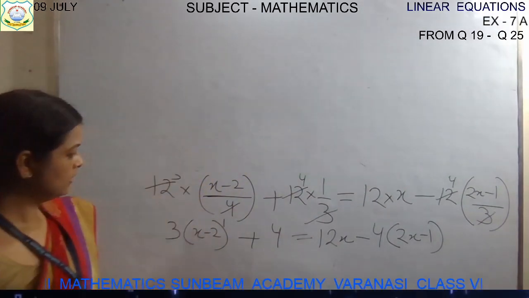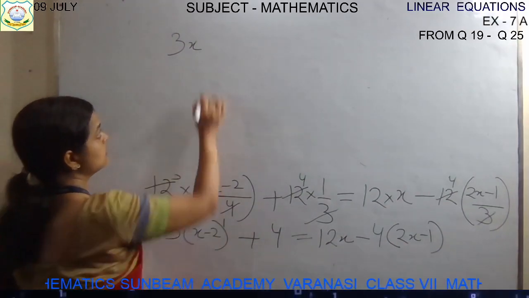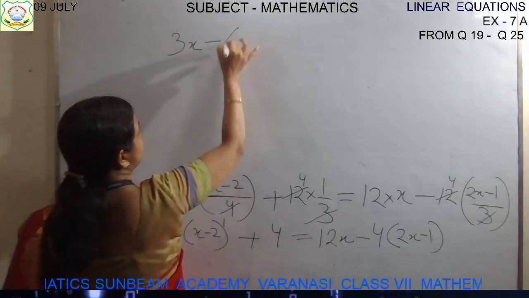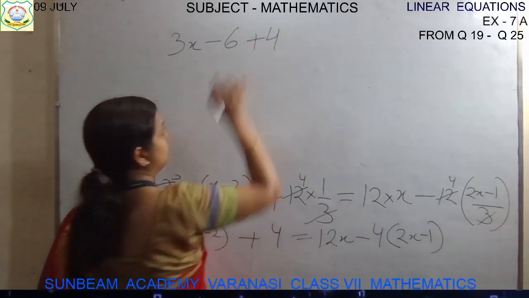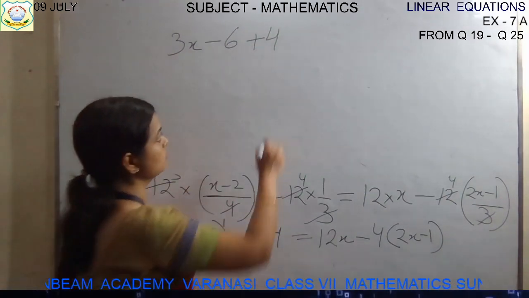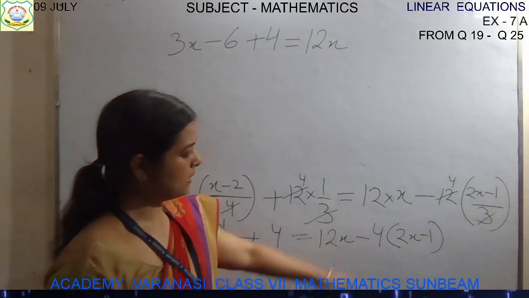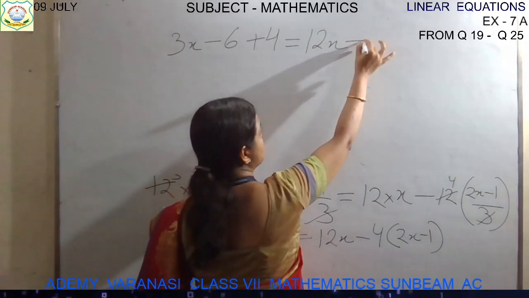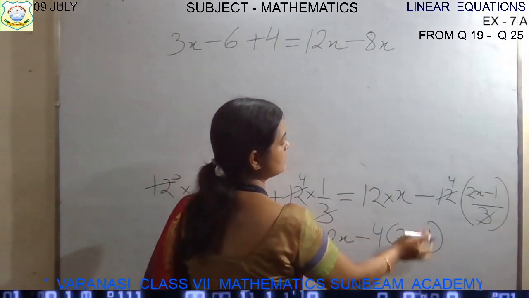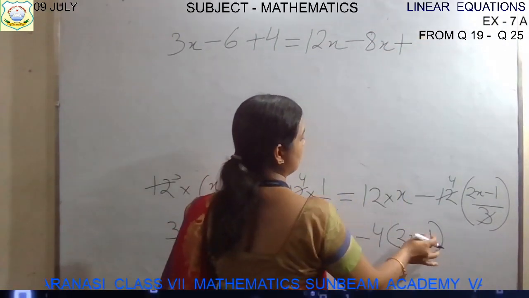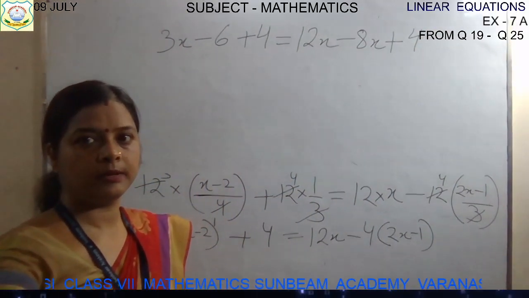Let me solve it again. 3 into x, 3x, minus 3 into 2, 3 twos are 6, plus 4 is equal to 12x minus, plus minus, 4 twos are 8x, and minus will become plus, 4 ones are 4. This is the solution. Okay.